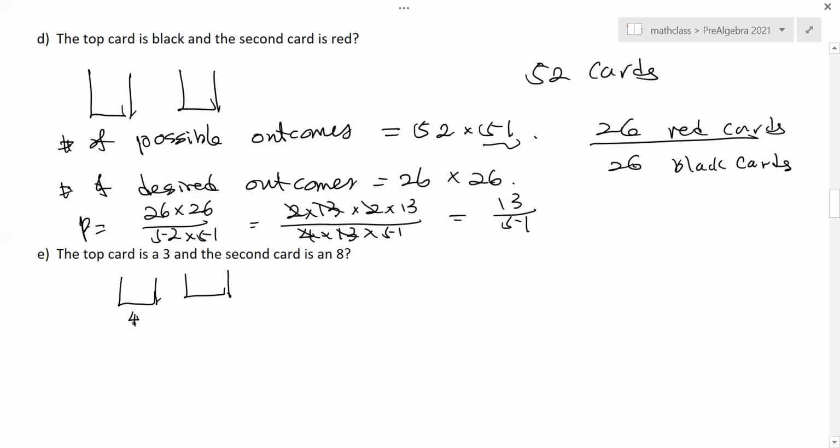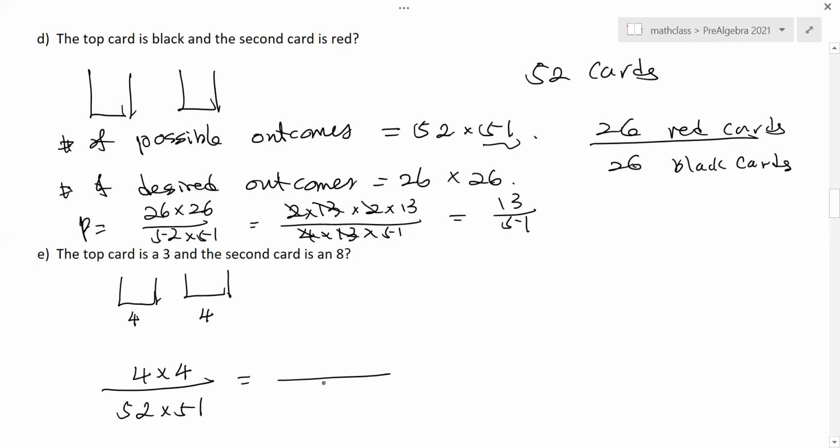The second car is an 8, so also 4 cars with the number 8. That's why you have 4 and 4. So the probability is 4 times 4, but the denominator is still 52 times 51, for the same reason I already explained.